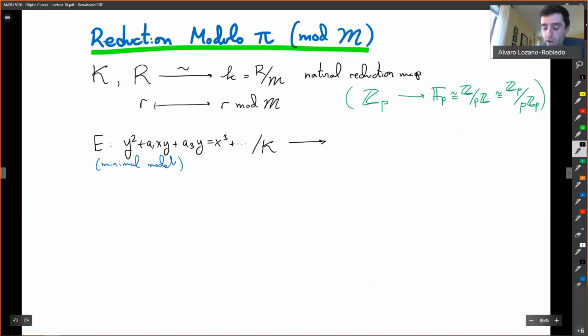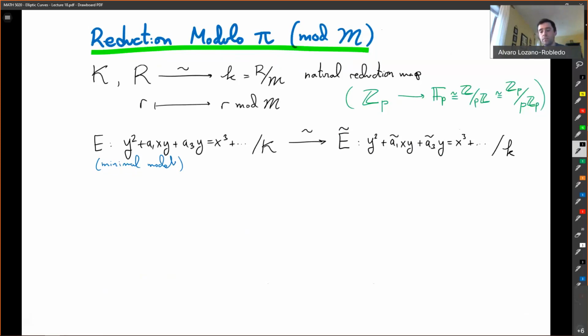Then I can extend this twiddle to get a curve Ẽ that is now defined by y² + ã1xy + ã3y = x³ + ... And that's now a curve defined over the residue field k. Okay, I'm saying curve because this curve may not be smooth, and it may not be an elliptic curve, and that's the whole point of it.